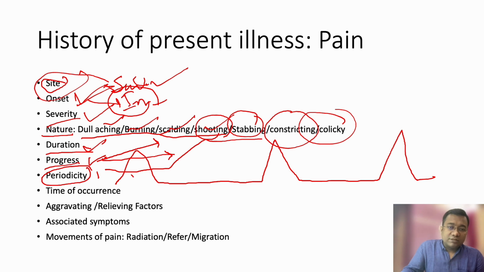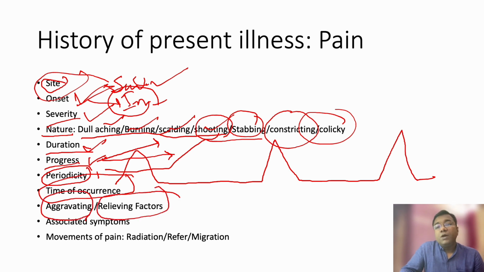Time of occurrence, some types of pain have a typical time of occurrence. It has been seen the pain of appendicitis starts usually in the morning after micturition. Now, the more important thing is aggravating factors and relieving factors. You need to know what are the aggravating factors of the pain and what are the relieving factors of the pain.